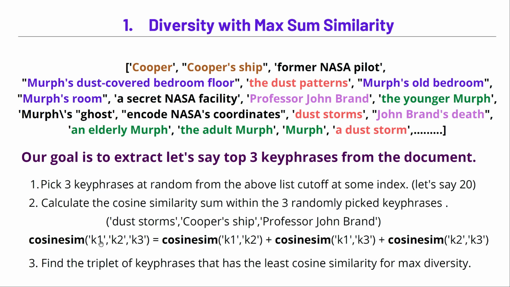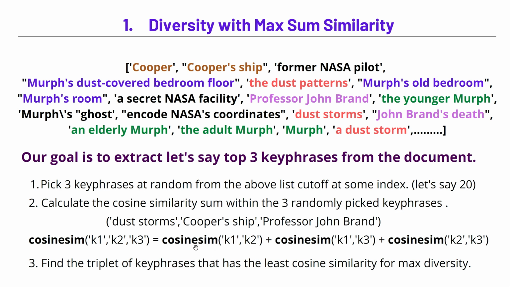So cosine similarity of, let's say, key phrase 1, key phrase 2 and key phrase 3 is essentially taking the cosine similarity of all the combinations that are present: K1-K2, K1-K3 and K2-K3. Technically 9 combinations are possible, but we don't want to do K1 with K1 and K2 with K2, so those are removed.